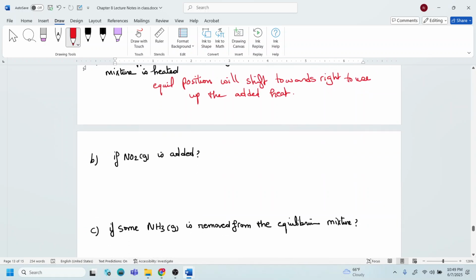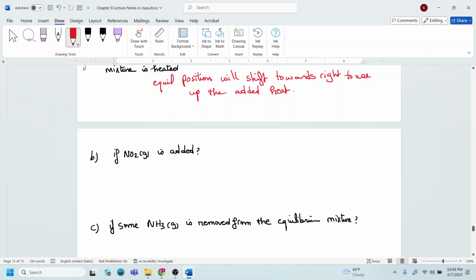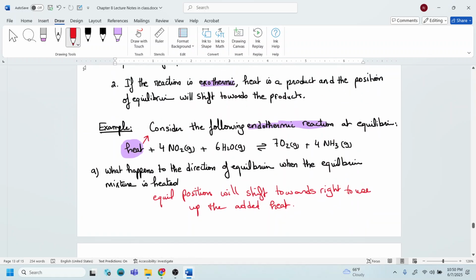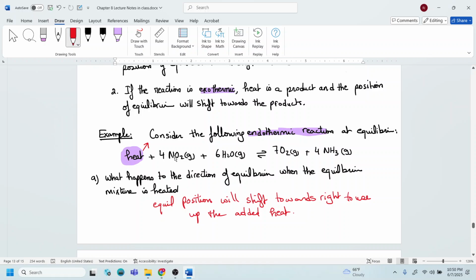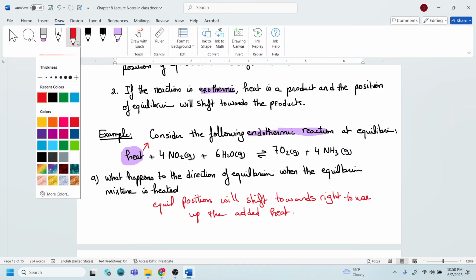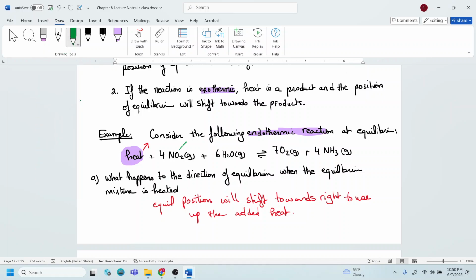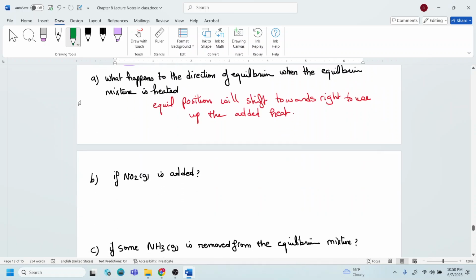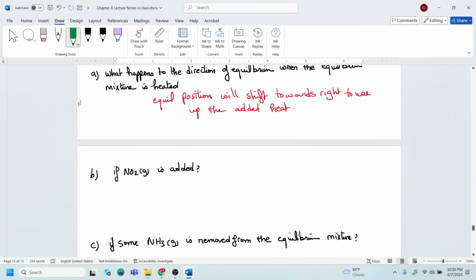Okay? So if NO2 gas is added, figure out where NO2 is. NO2 is in the reactants. So I am adding NO2, so I am increasing NO2. Put your hands together, and raise your left hand.